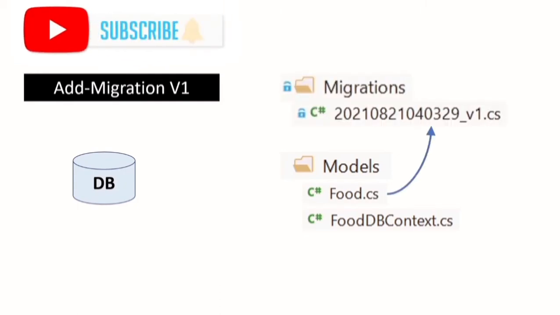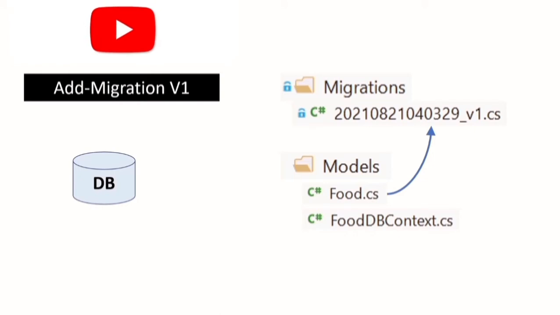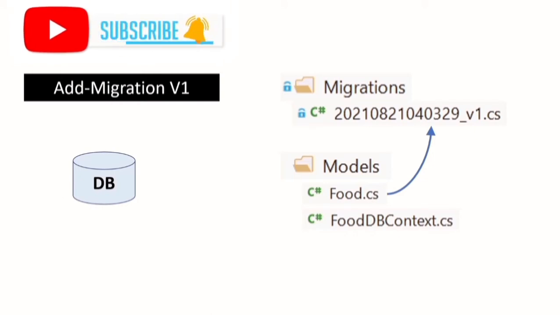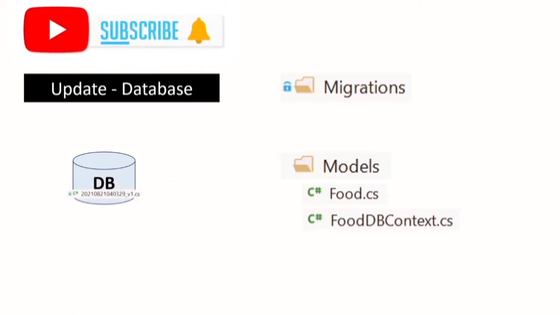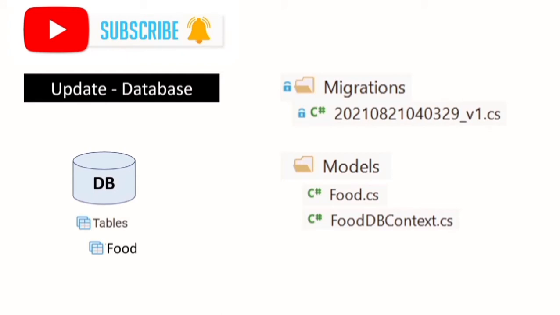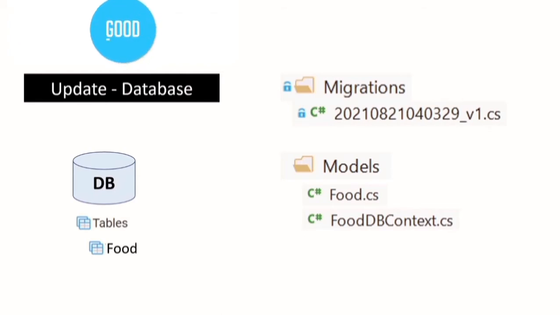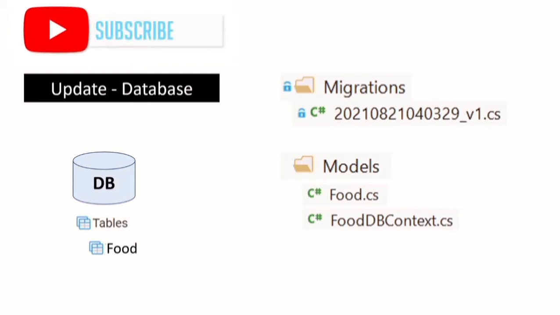This DbContext is a very important class for creating the connection between the database and the query or operation. As before, after that we type this update database, and this migration file will go into our database and create this food table for us. So this is what I'm going to show you how to do in this tutorial.